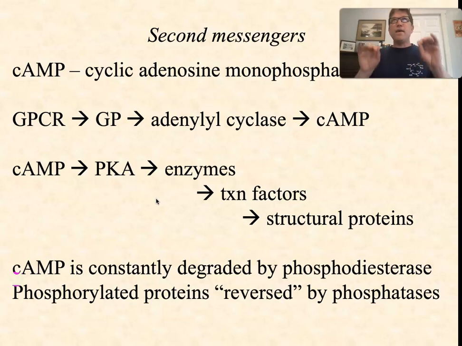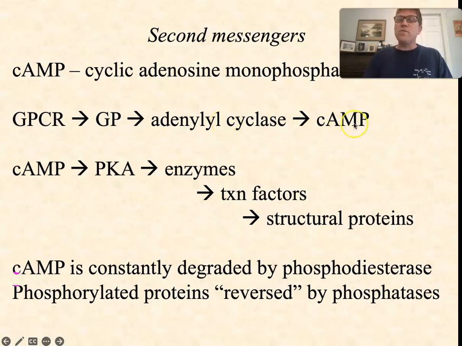So that if the signal that triggered this whole process is degraded or decreased dramatically, the GPCR will go back to its normal conformation, G protein will go back to its normal conformation, adenylyl cyclase will stop making cyclic AMP.